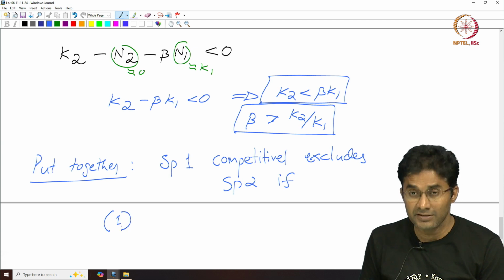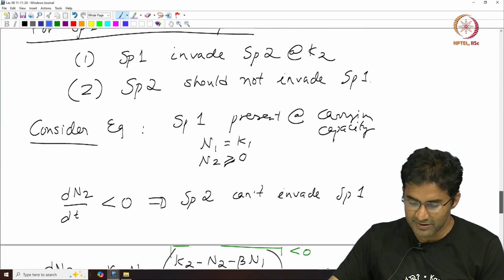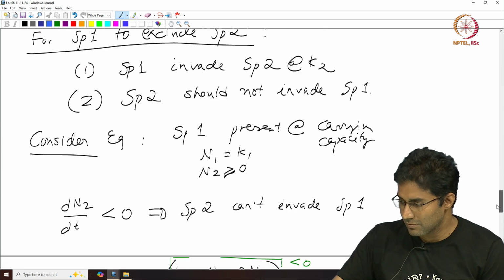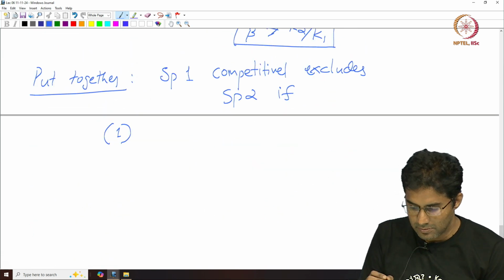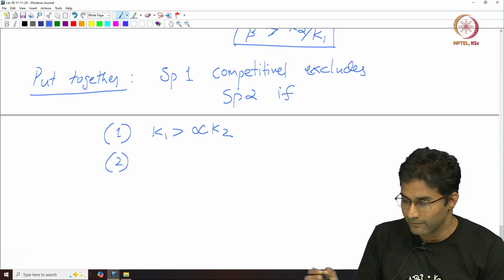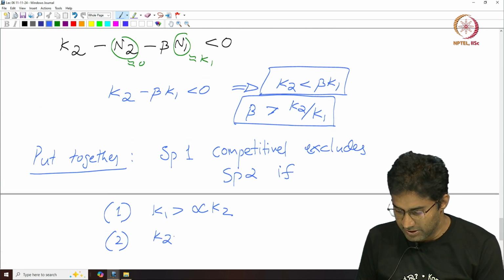The first condition is, let us go back and note what it is: K1 is greater than alpha K2. Secondly, K2 is less than beta K1.